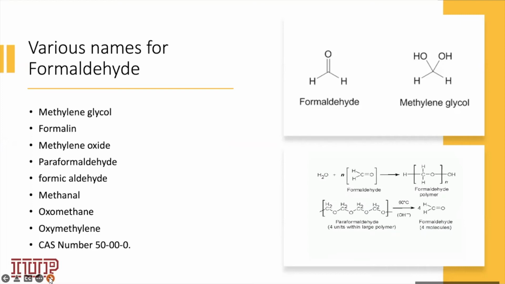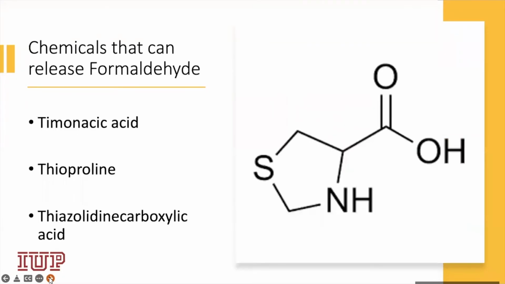We went over a few of these in the last slide, but again, formalin, methylene, oxymethylene, or other various synonyms are used for formaldehyde. Any of these names can be listed in a product. And I'm guessing that sometimes hair salons or hair stylists don't recognize the various synonyms that can appear for formaldehyde.